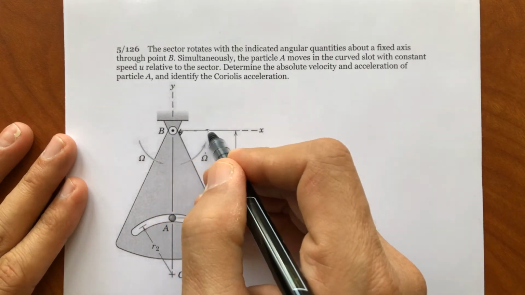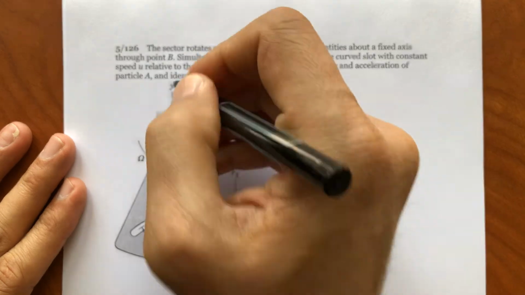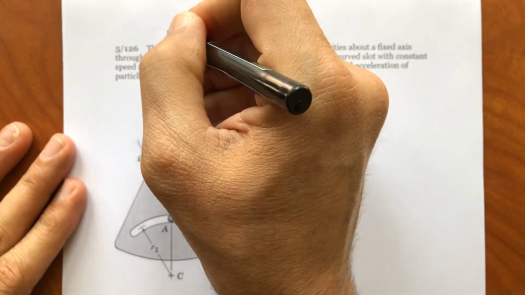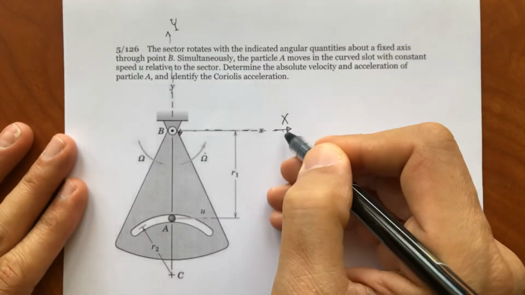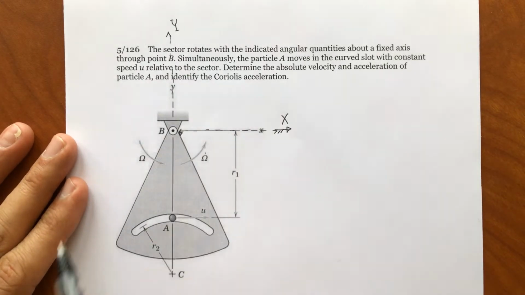And also, let's say we have another coordinate, capital X and capital Y, which is fixed to the ground. So this small xy is rotating with this sector.